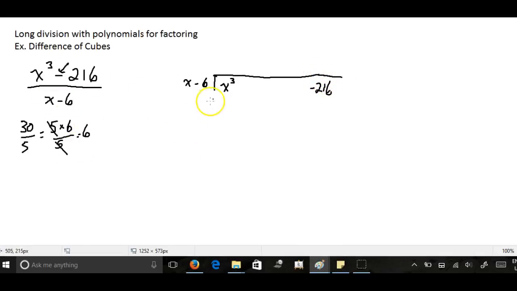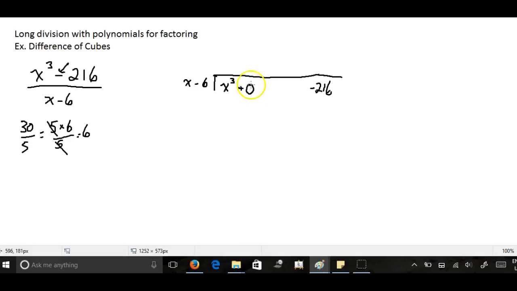Now, if you notice, polynomials consist of powers of a variable. In this case, it's an x, and my highest power is 3. This polynomial does not have an x squared term. It doesn't have an x to the 1 term. This would be its x to the 0 term because it's a constant. So in order to do long division, we always want to keep a place in our long division, like a place saver, for each of the powers of x.